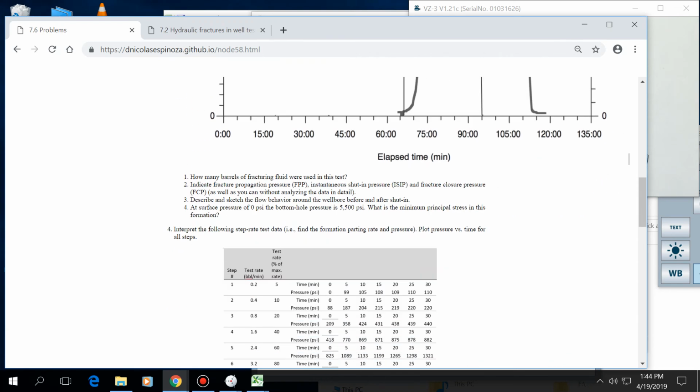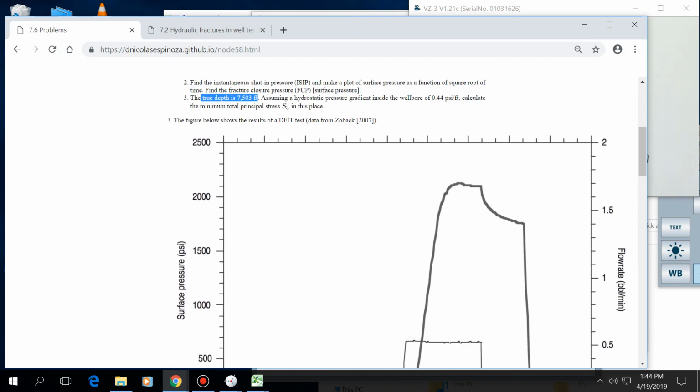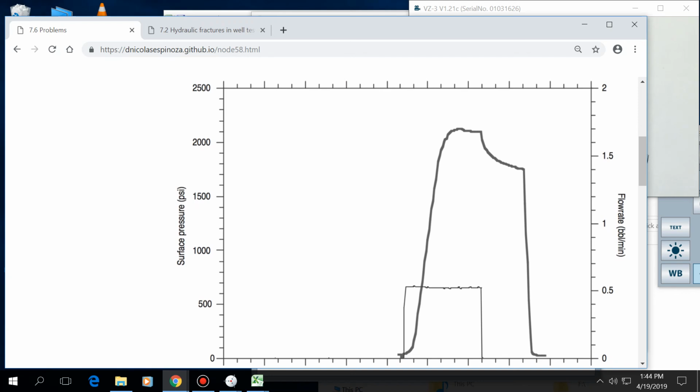And also the fracture propagation pressure. So fracture propagation pressure, instantaneous shut-in pressure right after you stop injecting, and the fracture closure pressure after that. I'm not asking you to tell me exactly where that is with this data, okay? But it should be after the instantaneous shut-in pressure and somewhere around here.